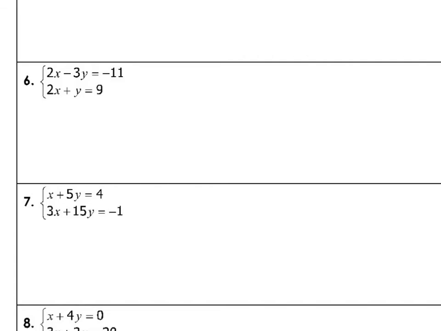All right, so we need to get x or y by itself in one of those equations. Okay, so if you're looking at the two equations, which one do you think it would be easier to get the variable by itself? Well, I would say, since this y is already just one y, I'm going to do it. It saves me a step.